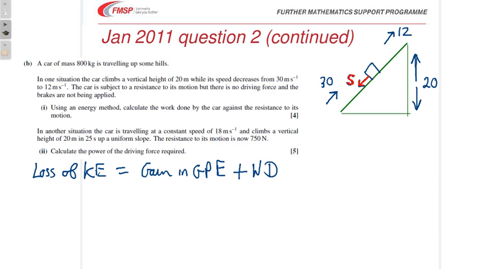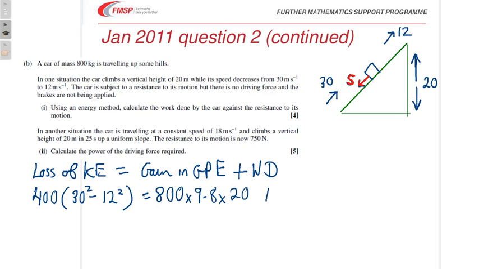So all we have to do now is work out these expressions. So the loss of KE is a half m, which is 400, times 30 squared minus 12 squared to give us a positive quantity. That's the KE that's been lost. That's equal to 800 g h, 800 times 9.8 times 20, vertical height, plus we'll just call it WD, because that's what we want to find.